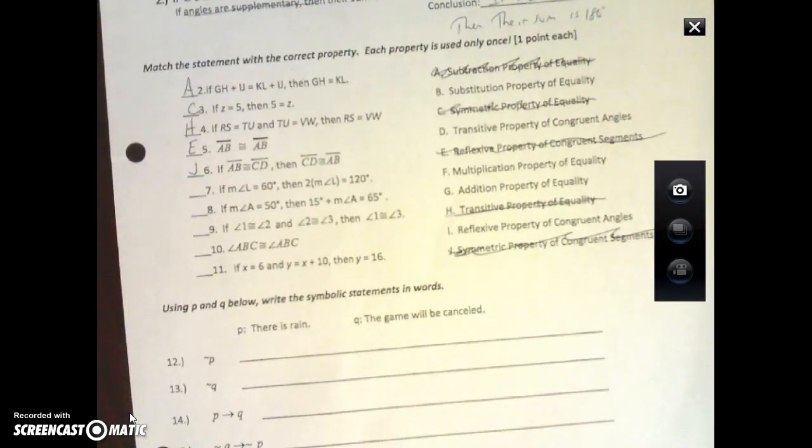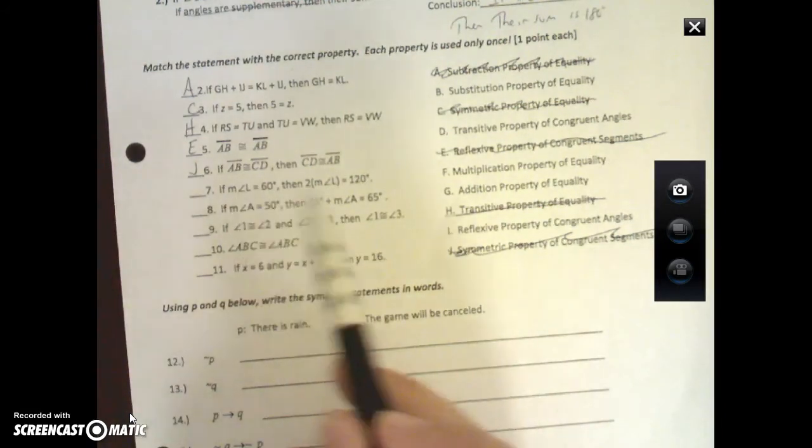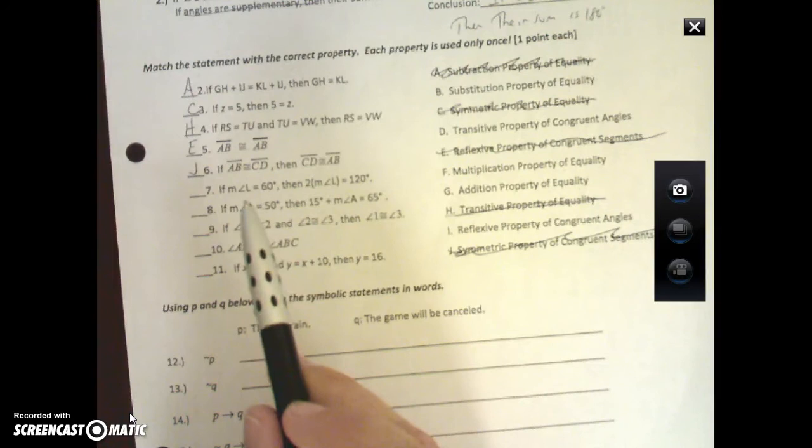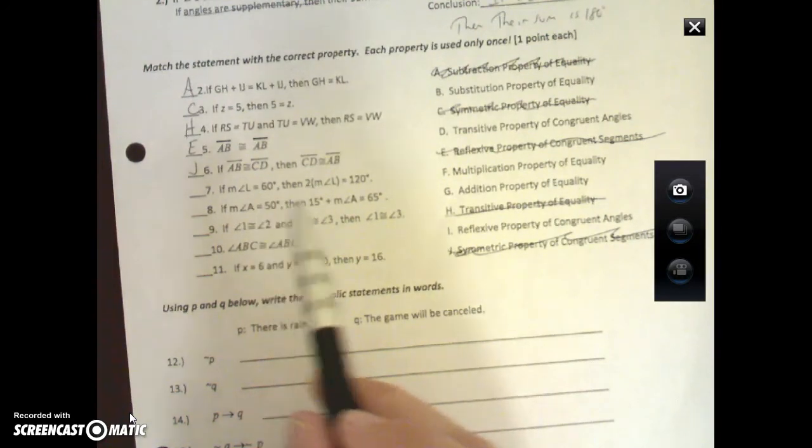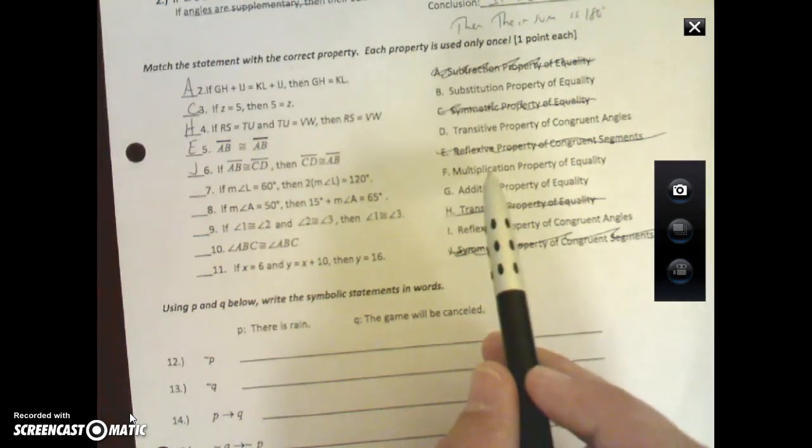All right, number 7, if measure of angle L equals 60 degrees, then 2 times measure of angle L equals 120. Now, again, this is a little bit kind of tricky, but what are you doing from here to here? The move is that you're multiplying the left side by 2 and the right side by 2. So when you're multiplying, that's just your multiplication property of equality.